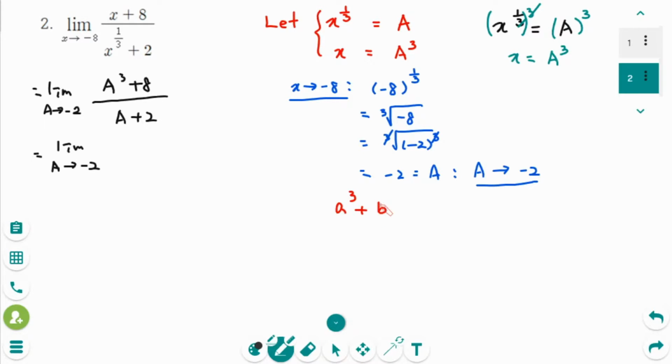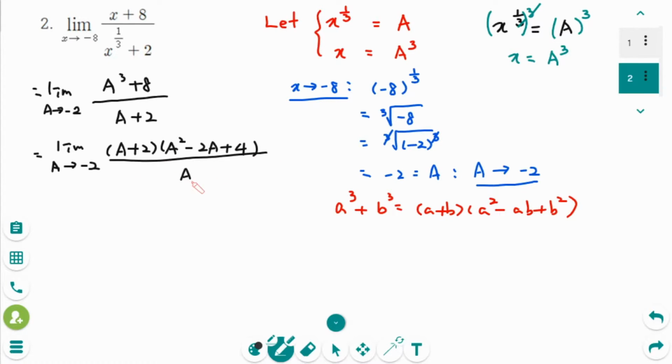Use this formula. We can then factor the numerator as a plus 2, a squared minus 2a plus 4, over a plus 2. Then cancel the common factor.